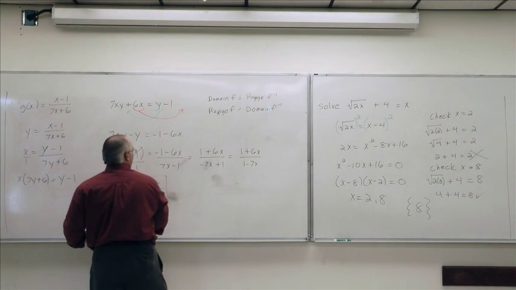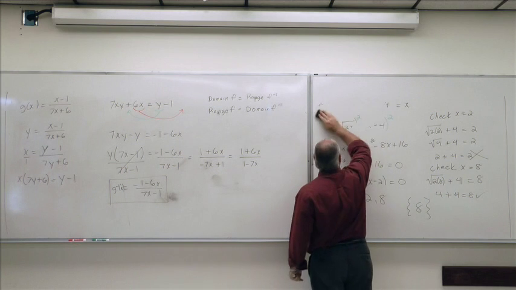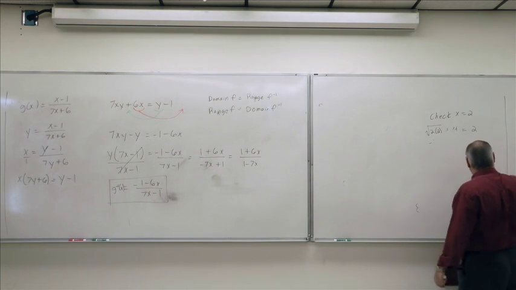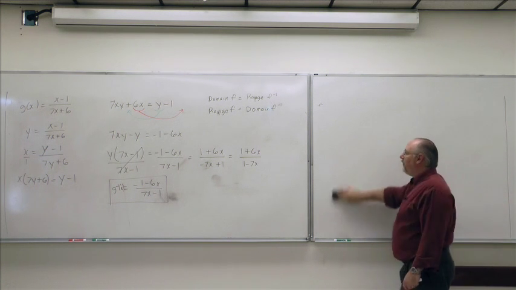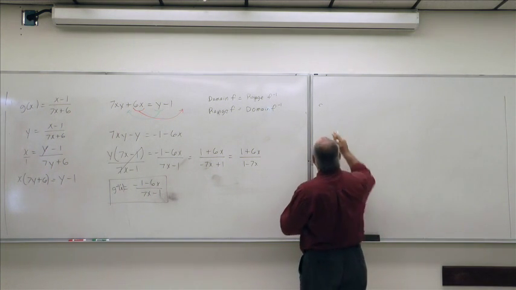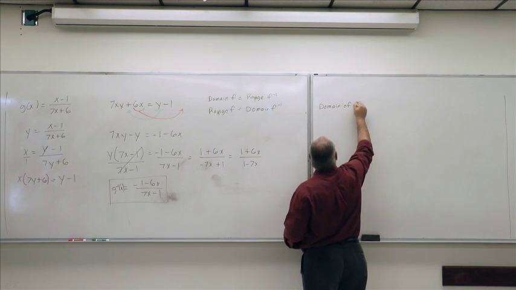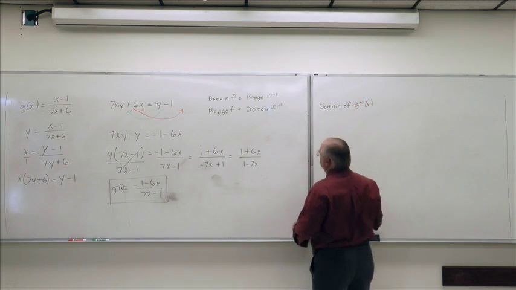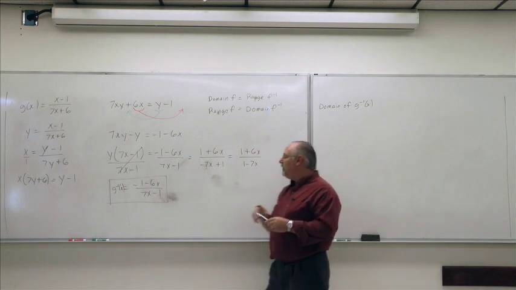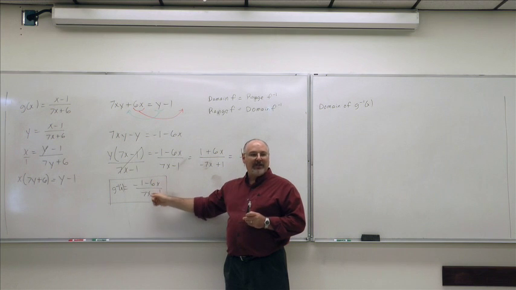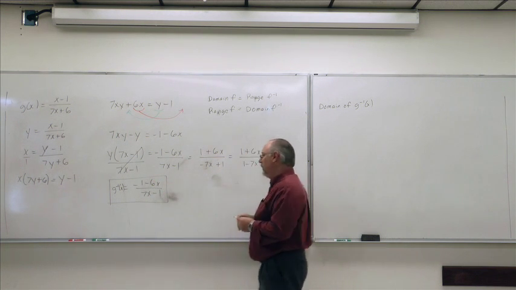So let's look at our inverse. All right? The domain for the inverse, well, to find the domain, we simply look at the denominator. This is what's called a basic rational function of polynomials.